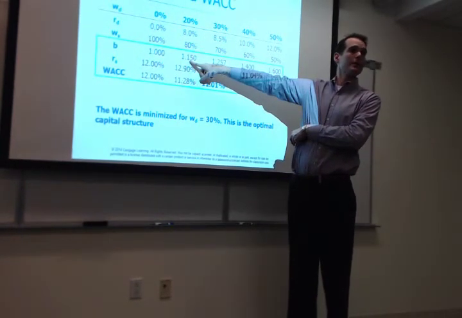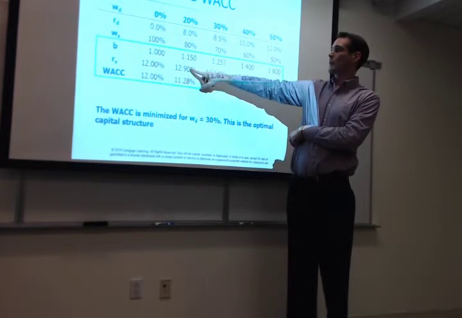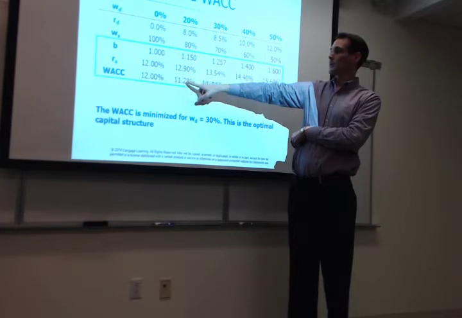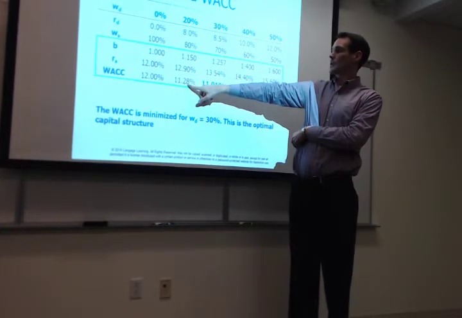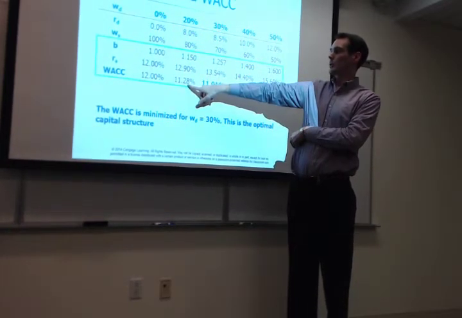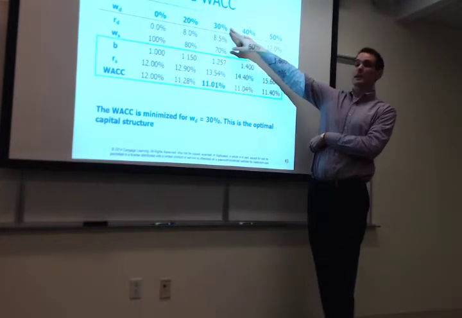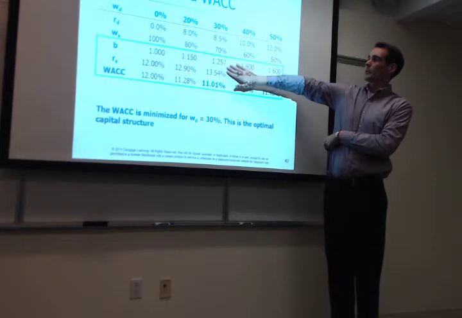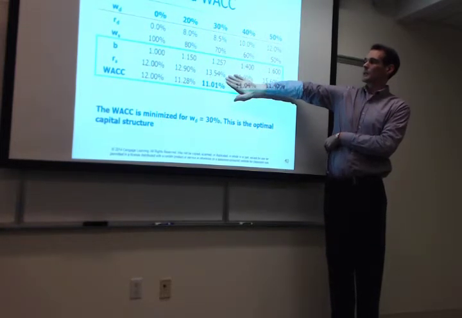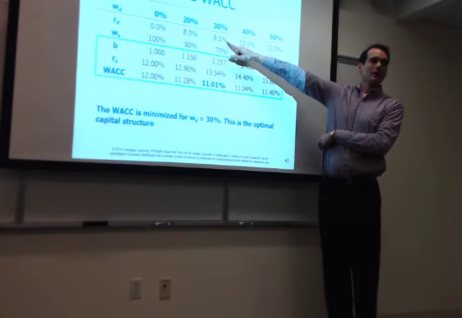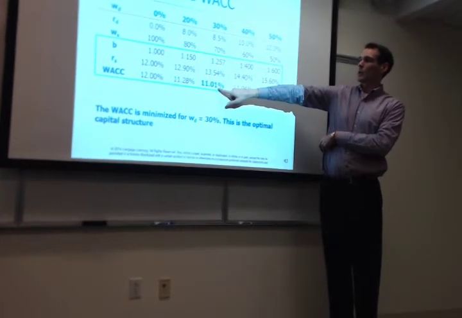If we become a 20% debt company, beta is 1.15, and we calculated a cost of equity at 12.9 and a weighted average cost at 11.28. If we were to repeat the exact same thing for 30% debt, we would come up with slightly higher beta, slightly higher cost of equity, but because we're combining it with a lower cost of debt, we would get a lower WACC.